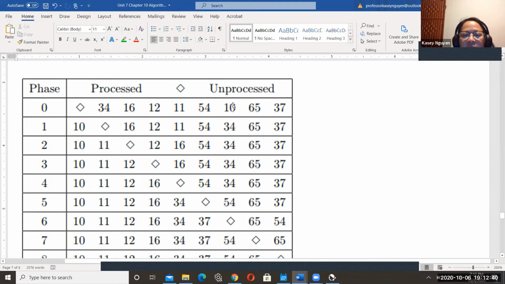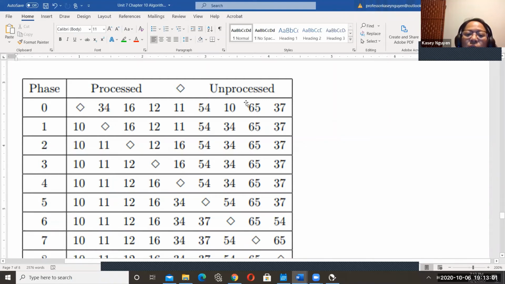Based on this, it needs to determine the minimum value. So we have to identify the minimum value, which is 10. And then we need to bring that 10 to the front because that's the least.